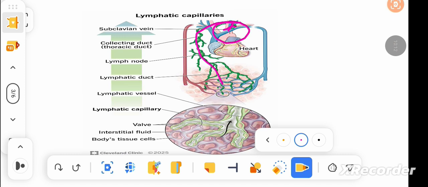So if we have any impairment in the lymphatic system, that will also lead to accumulation of fluid in the interstitium, leading to edema. Okay, so that is how edema occurs.